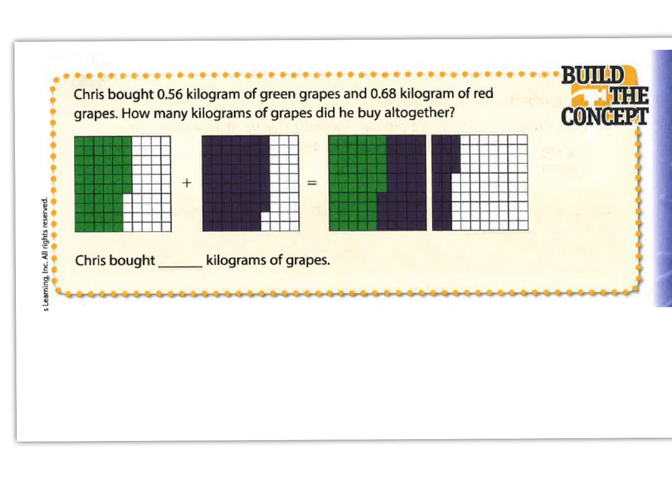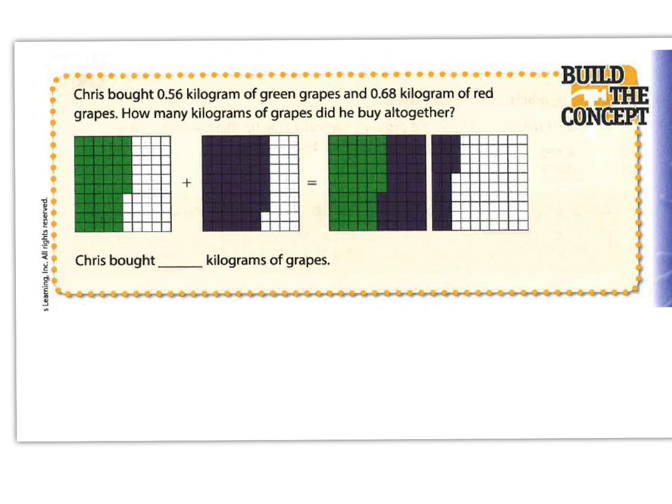All right, this says Chris bought 0 and 56 hundredths kilograms of green grapes and 68 hundredths kilograms of red grapes. How many kilograms of grapes did he buy all together? So here we have the 56 hundredths green grapes, 10, 20, 30, 40, 50, 51, 52, 53, 54, 55, 56. And then here are the red grapes, so 10, 20, 30, 40, 50, 60, 1, 2, 3, 4, 5, 6, 7, 8, 68 hundredths.